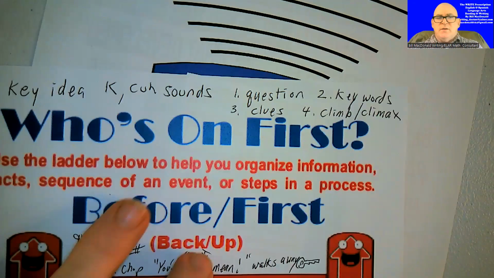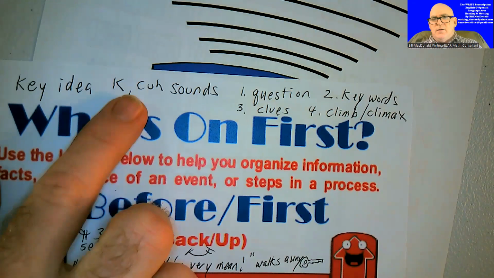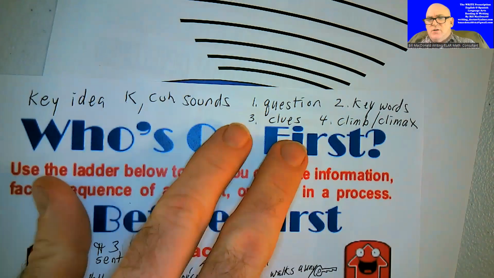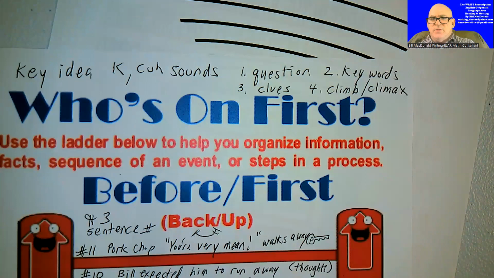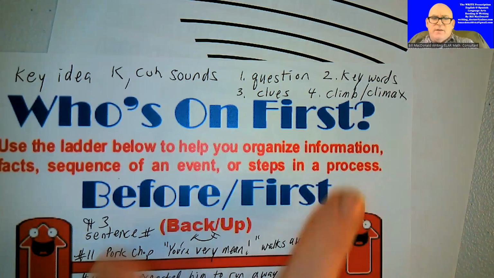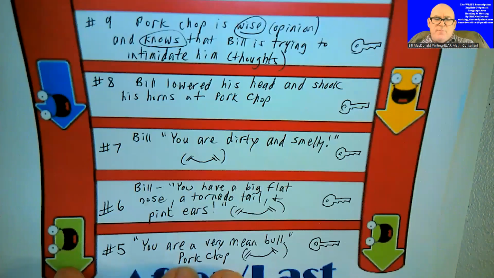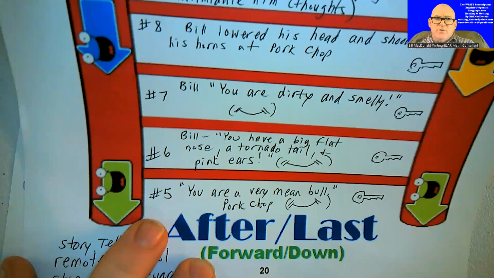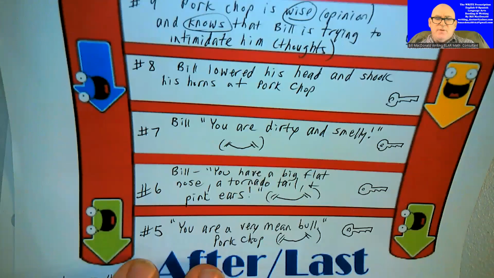We talked about the key idea, the sounds, the question, keywords, clues, the climax. We climb, and so we have all of these key ideas that happened where we fast forwarded the storytelling remote to all these key things that happened.